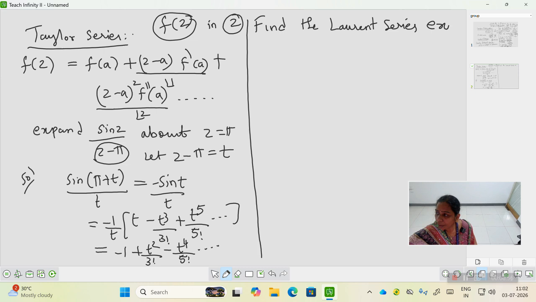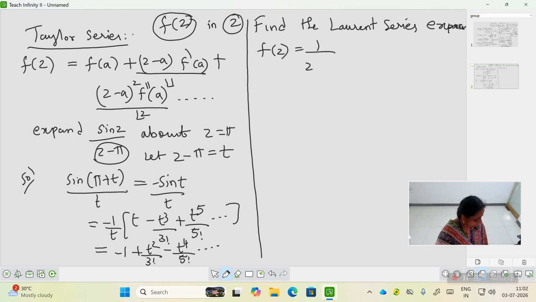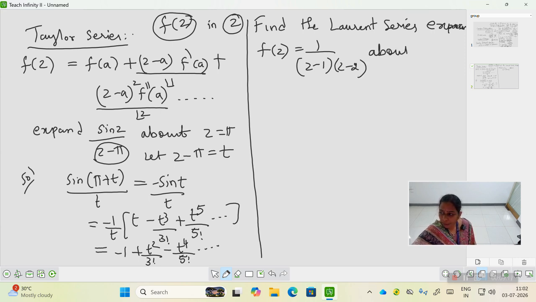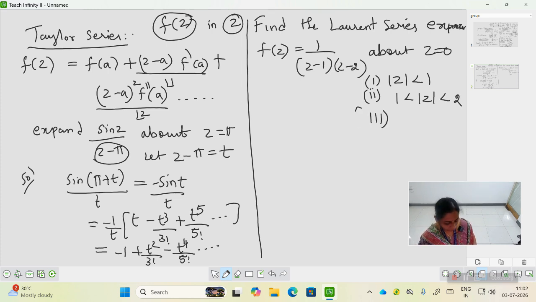Laurent series should consist of both positive terms and negative terms, so it should contain both, of f of z which is equal to 1 by z minus 1 times z minus 2, about z equal to 0, valid in mod z less than 1. Second one is 1 less than mod z less than 2. Third one is mod z greater than 2. One by one we'll check it out.